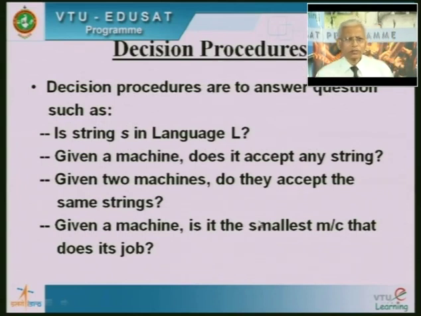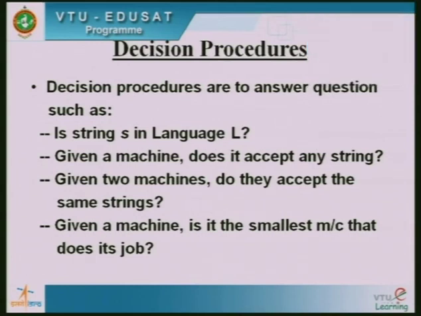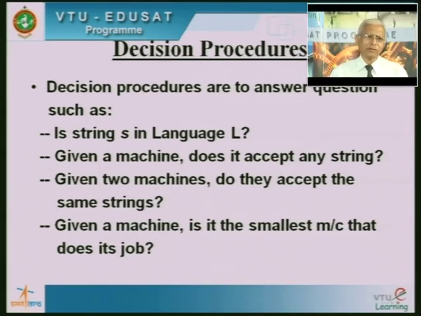So, decision procedures are answers to questions such as, is a string in the language? See, for example, if you take a DFA, the DFA will tell you whether the string is accepted or not accepted. Now, given a machine, does it accept any string?